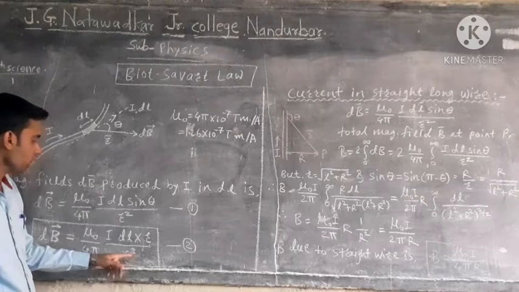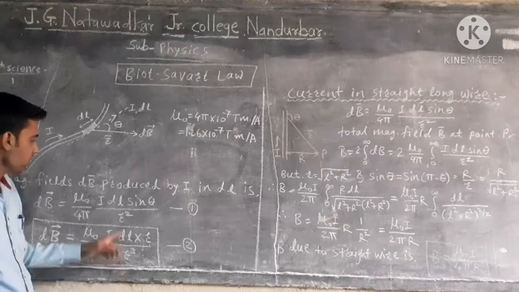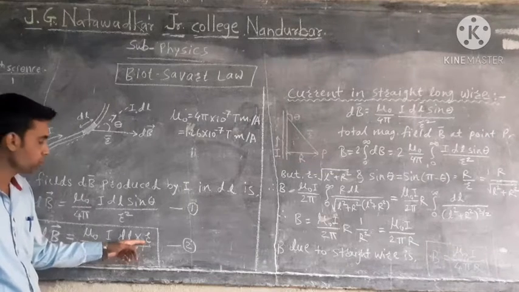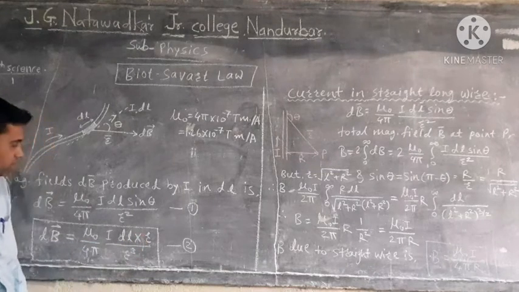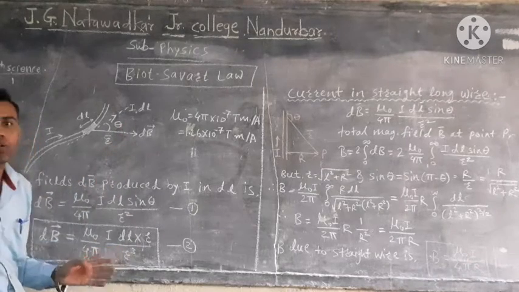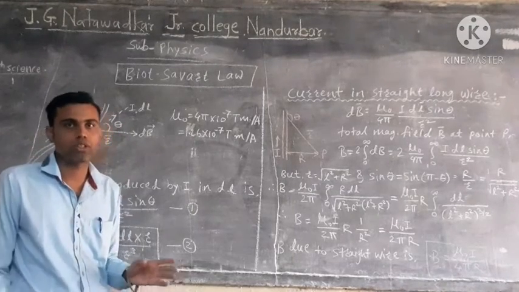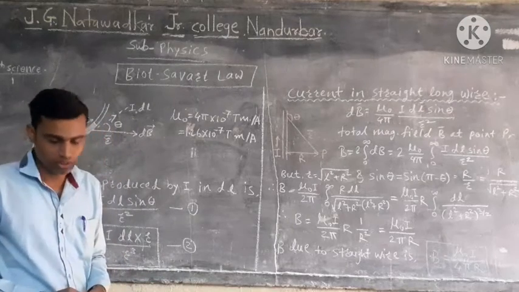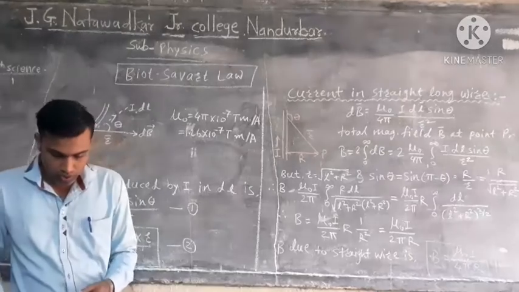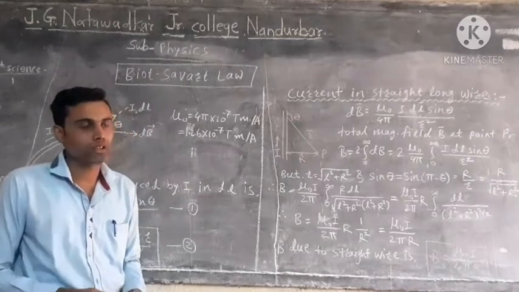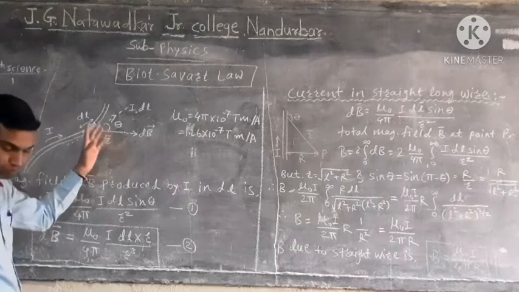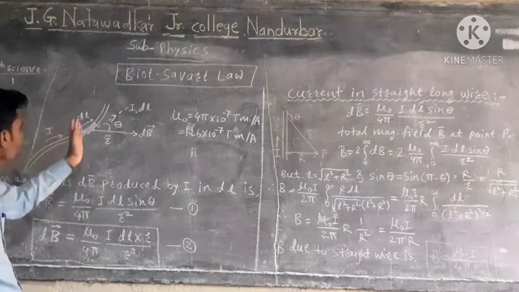Here r cube is taken, because the cross product brings one extra value of r, and hence this law is also called the inverse square law. Why is this law used? With Biot-Savart law, we can calculate magnetic fields produced by various distributions of currents.